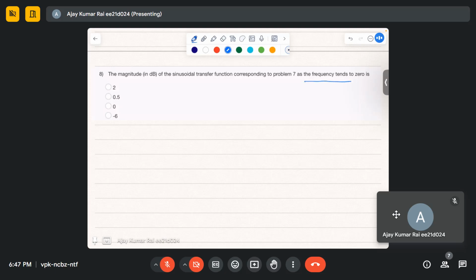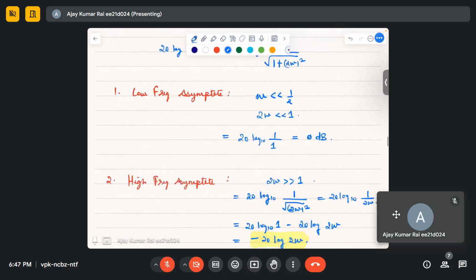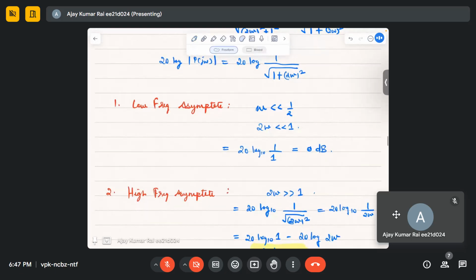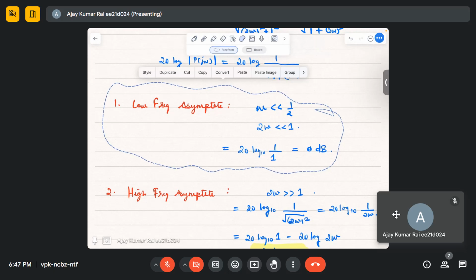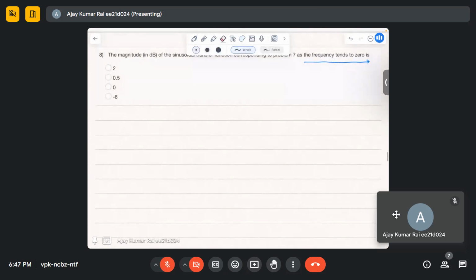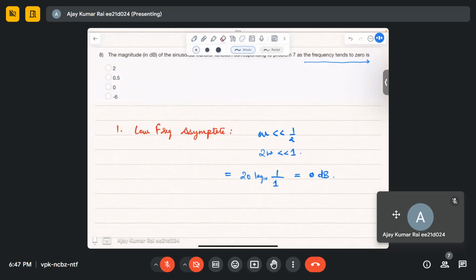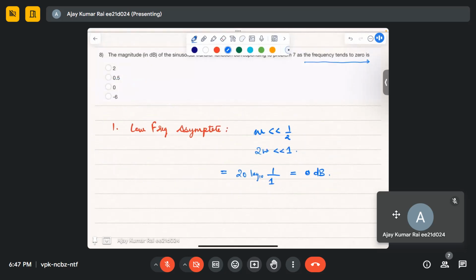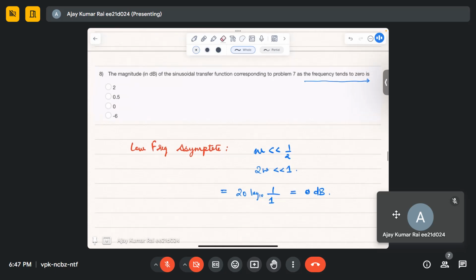Frequency tends to 0 means frequency is very low, and we have to find the magnitude at that point. In this case also, frequency almost tends to 0.